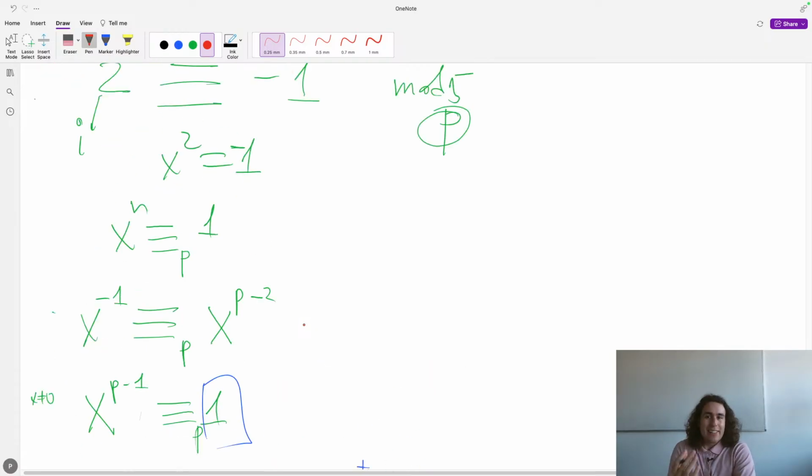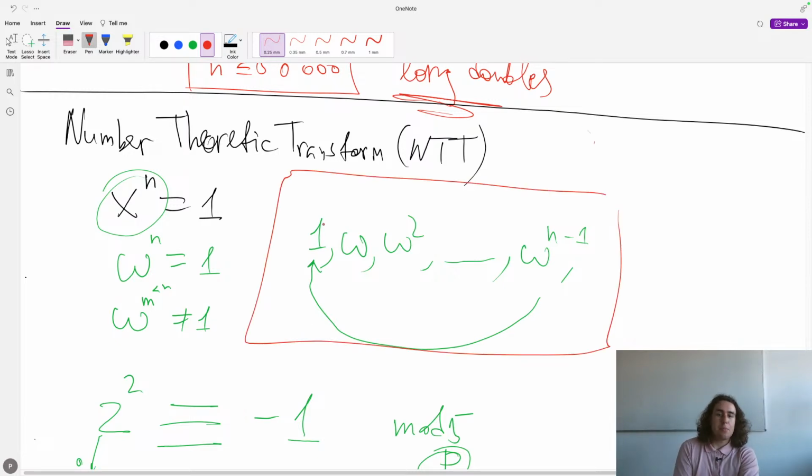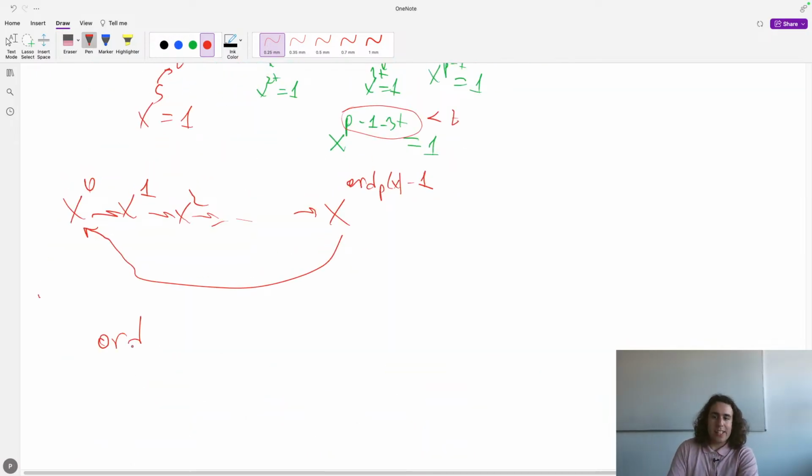And then we get kind of the same situation as we had before. You see here, we have some powers that wrap around. So we need to find some x such that its order is equal to n, this power of 2.